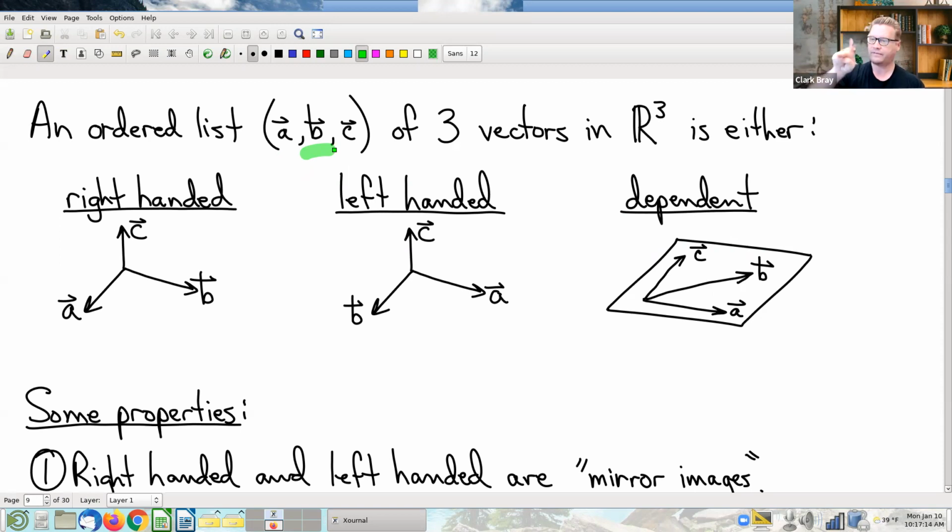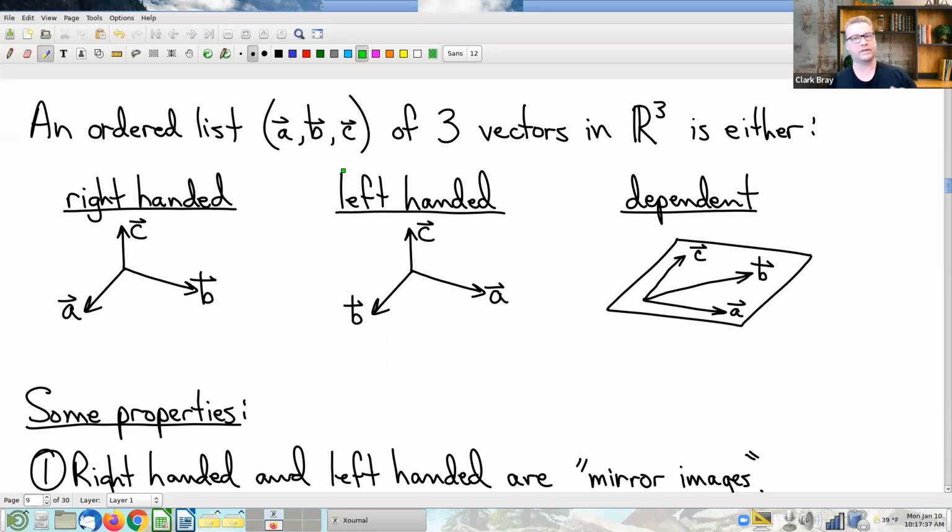Those two fingers define a plane, and your thumb is on a well-defined side of that plane. If the third vector given is on the same side as your thumb, then that's a right-handed list.